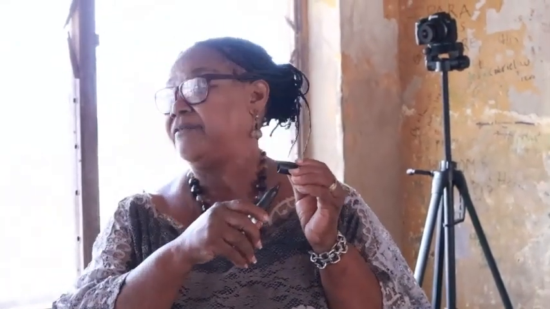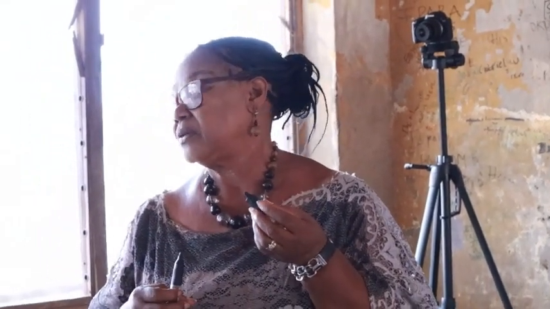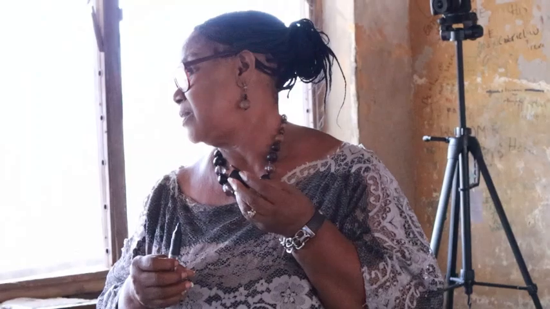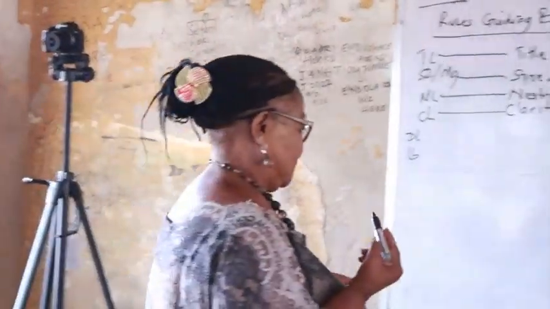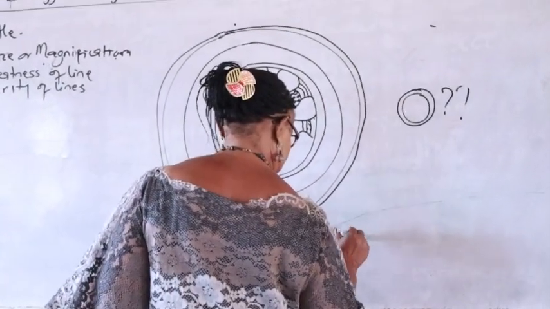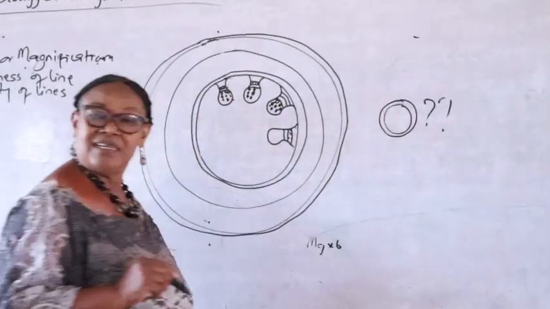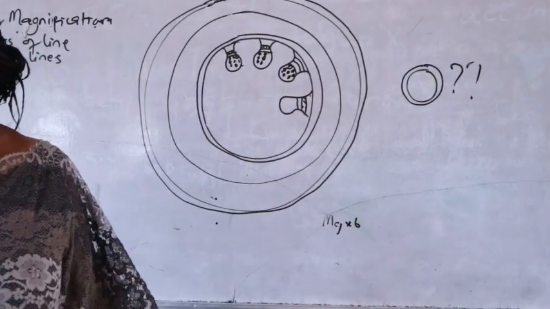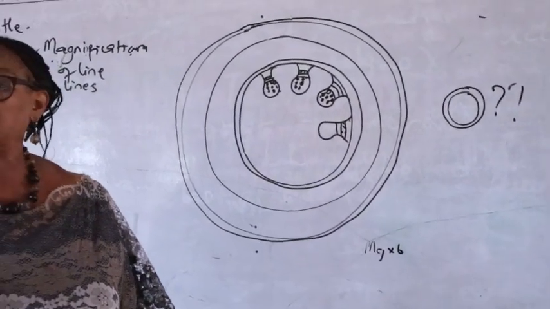I might have 1.5 here. If I divide 12 by 1.5, what do I have? Mathematicians. 6. That is when you approximate. That's 6. So I might say mg times 6, assuming it is 1, 1. Yes.